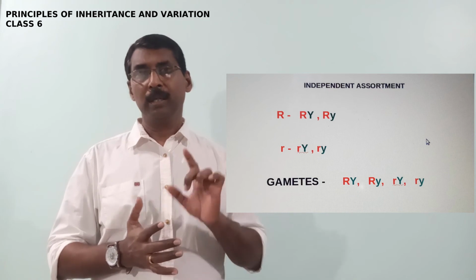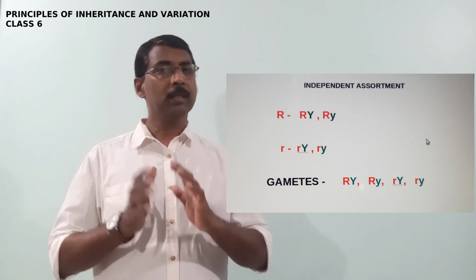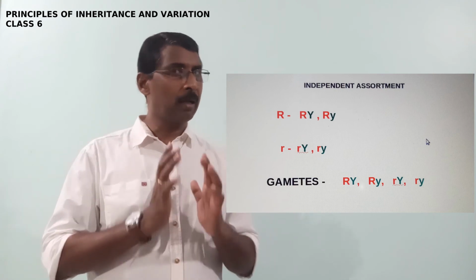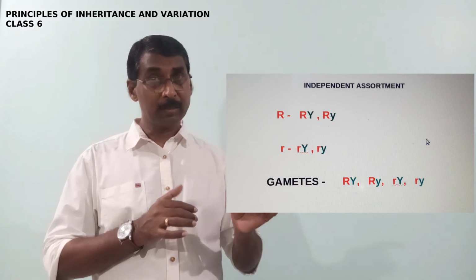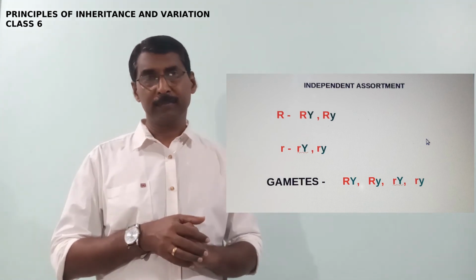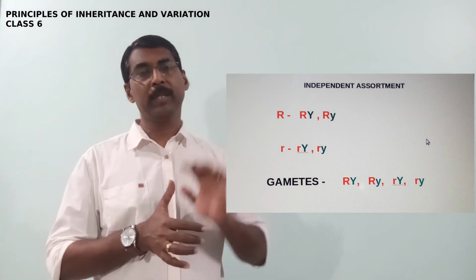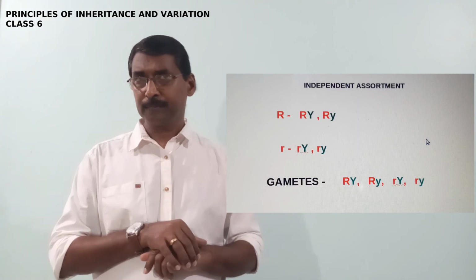So in that way, we have 4 gametes here. One is capital R, capital Y. So the shape allele is there, color allele is also there. One gamete is small r, capital Y. There also the shape allele is there, color allele is there.